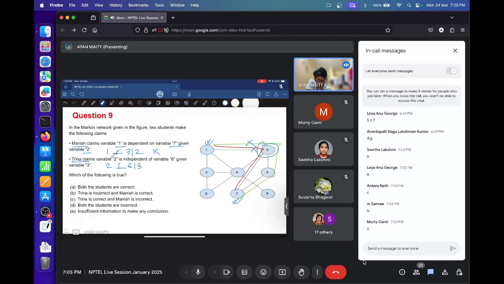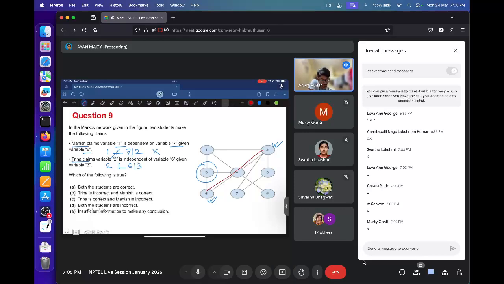Now the second claim is: 2 is independent of 6 given 3. We can easily see that there is a path from 2 to 6 that goes through 4, and 3 cannot block that path because 3 is not present in that path. So this red line represents that path.